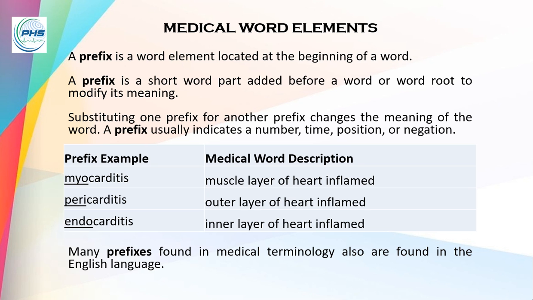The examples are myocarditis, in which the muscle layer of the heart is inflamed, pericarditis, in which the outer layer of the heart is inflamed, and endocarditis, in which the inner layer of the heart is inflamed. Many prefixes found in medical terminology are also found in the English language.